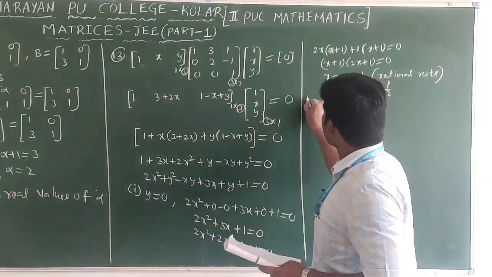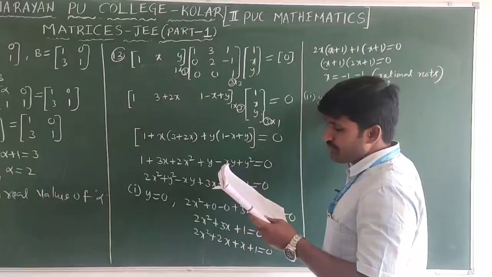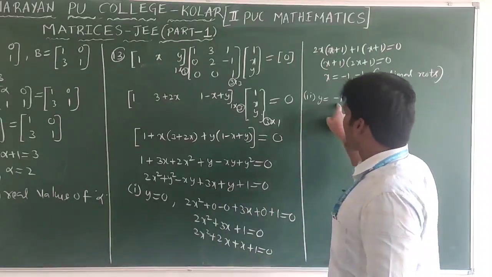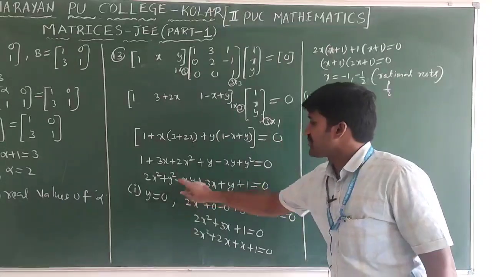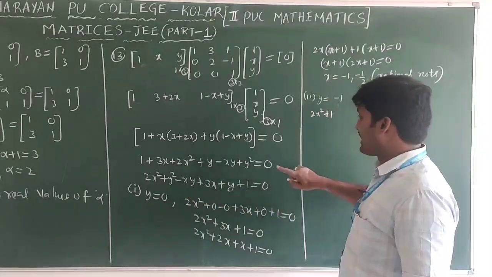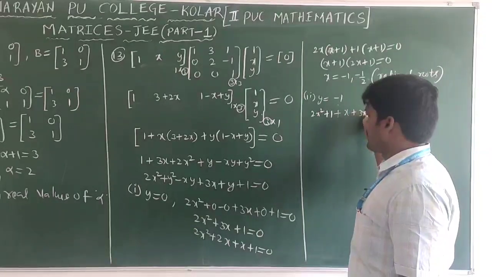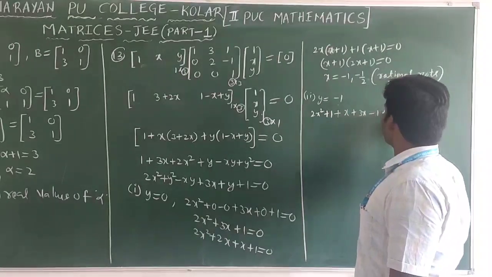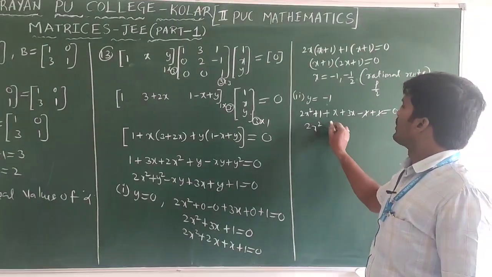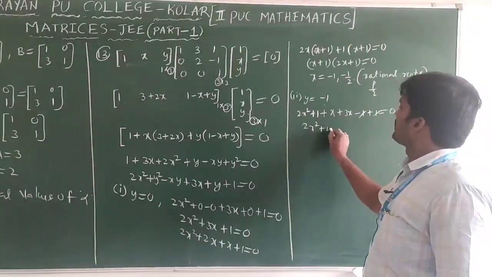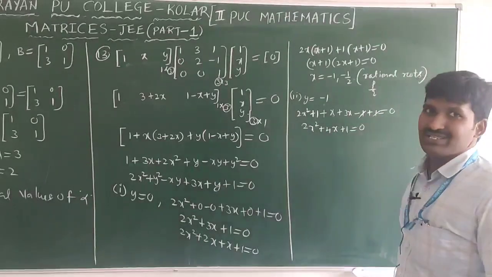Next, second: y equal to how much is given? Minus 1. Substitute this minus 1 in the equation: 2x square, minus 1 whole square 1, minus x into minus 1 plus x, 3x minus 1 plus 1 equal to 0. Here minus 1 plus 1 gets cancelled. 2x square plus x plus 3x, 4x plus 1 equal to 0.